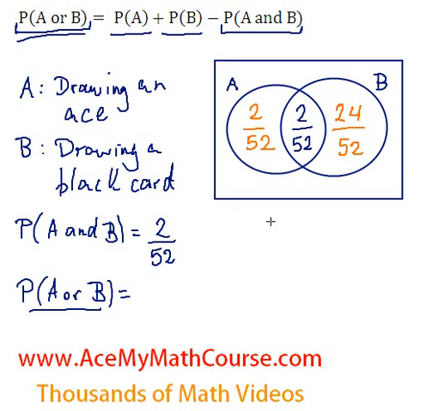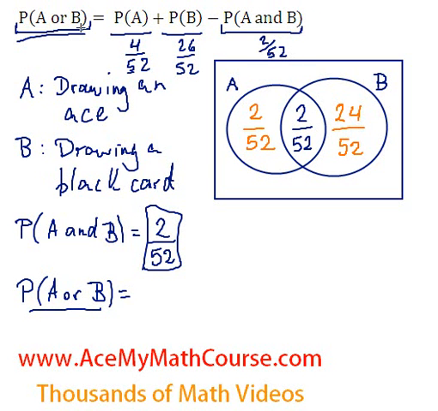And we knew that the probability of A was 4 out of 52, because there are 4 aces in the deck. There are 26 black cards, so the probability of B is 26 over 52. And we already established over here that P(A and B) is 2 out of 52.